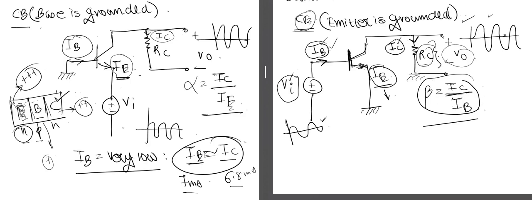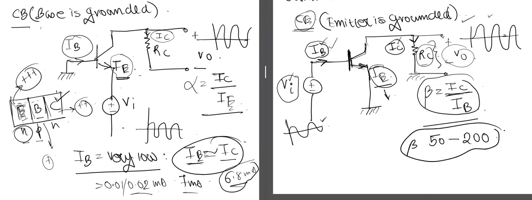This IC has a very high value, up to 6.8 milliampere, but IB has a very low value, almost 0.01 or 0.02 milliampere. So if we divide IC by IB, the value of beta typically ranges from 50 up to 200.